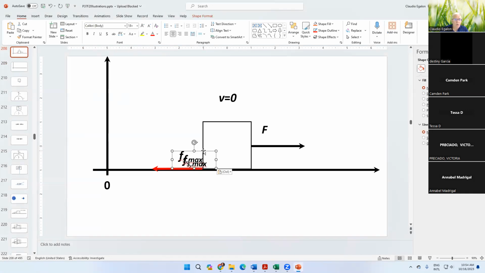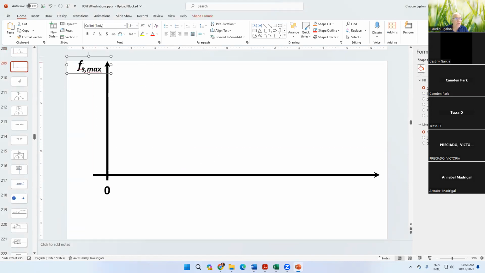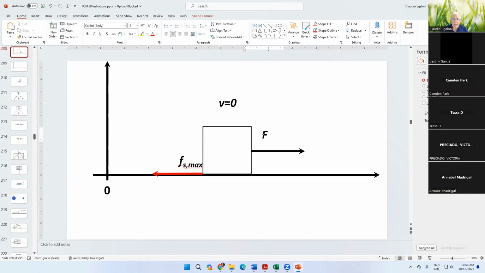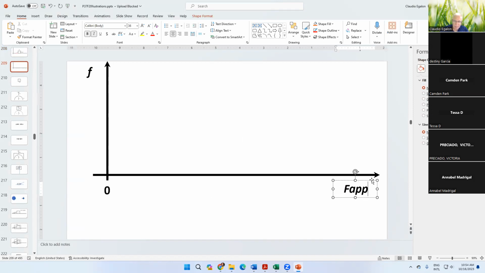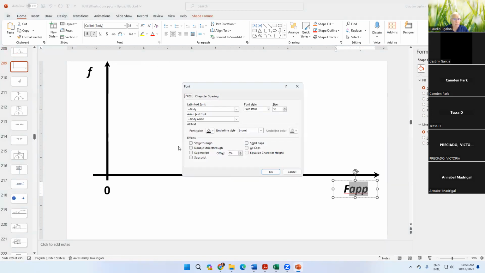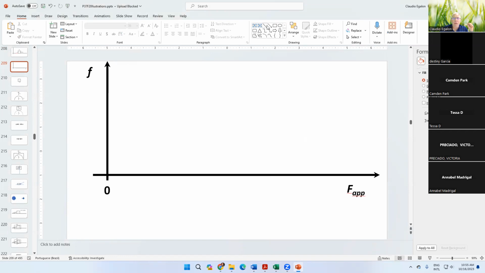If I plot the force of friction in general, not the force of static friction, along the y-axis, and the applied force along the x-axis, don't forget this force must be along the horizontal direction, we have a linear relationship between those two.